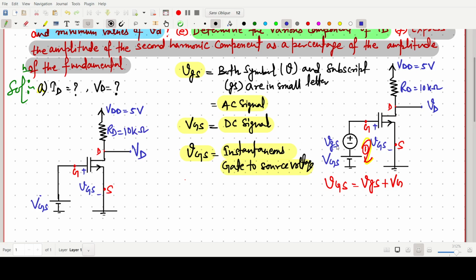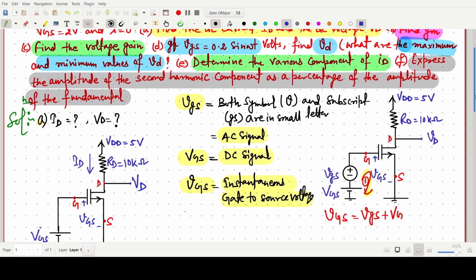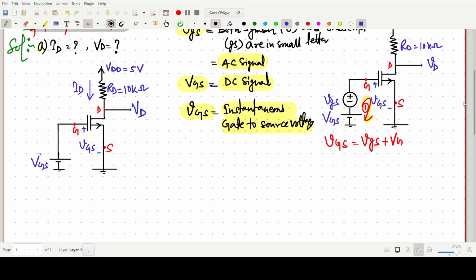For the DC analysis, we are replacing this AC source and doing the DC analysis. Now we have to find the drain current also, ID. Which region should we prefer, either saturation or linear? In the question it is very clear that for an amplifier purpose, I am also writing one more line because it is very important.